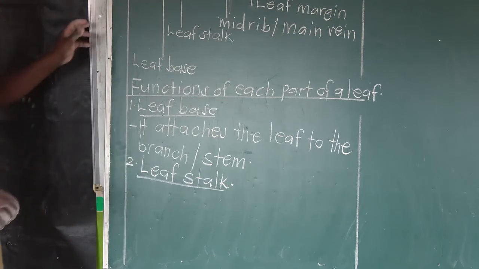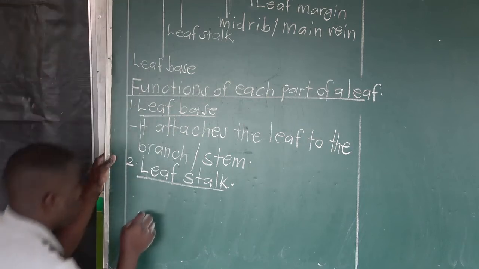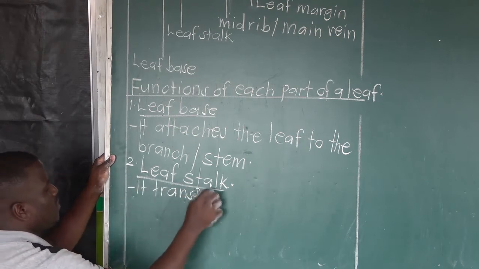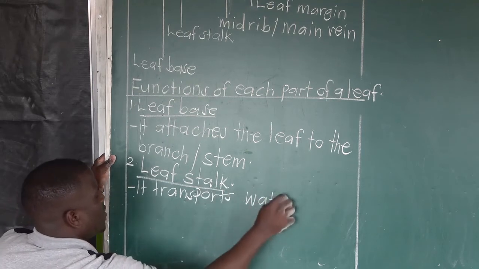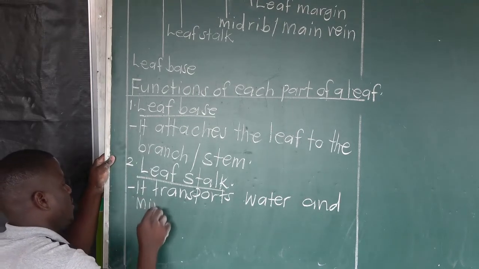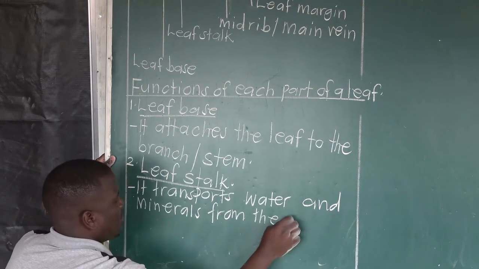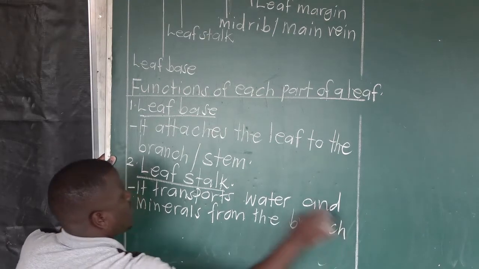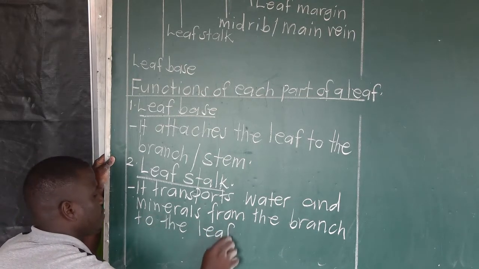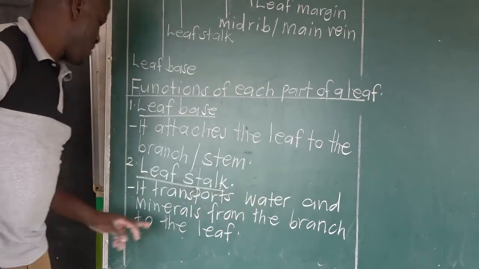The leaf stalk transports water and mineral salts from the branch to the leaf.